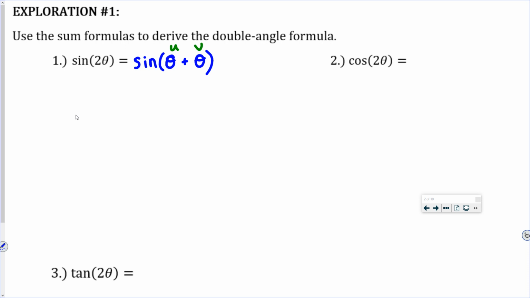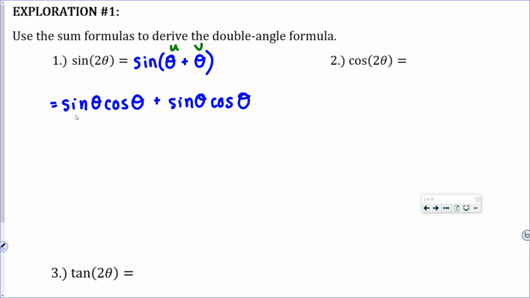All right, so here's kind of like your u and your v. When I have the sine of a sum, that's the same as the sine of the first angle, which is theta, times the cosine of the second angle, which is theta, plus the sine of the second angle, which is theta, times the cosine of the first angle, which is also theta.